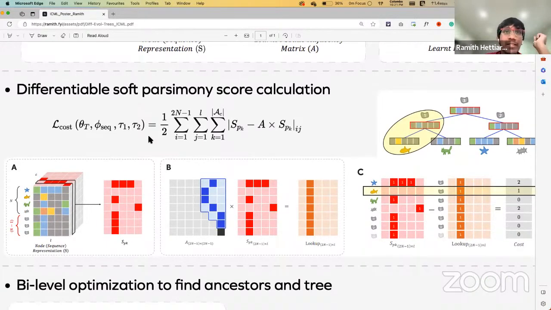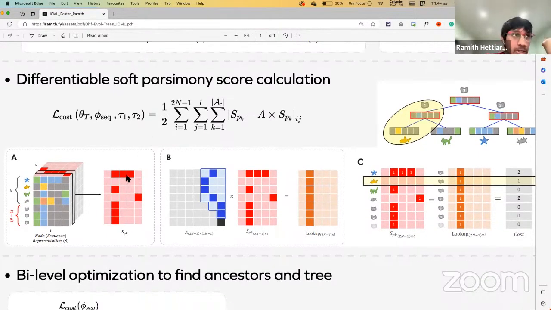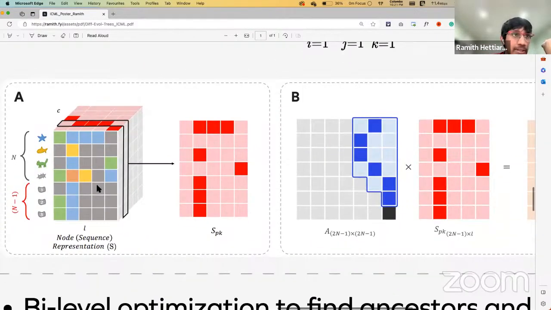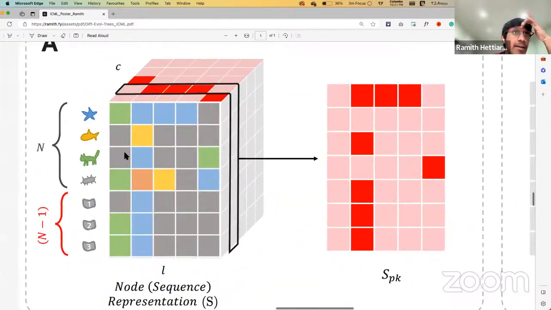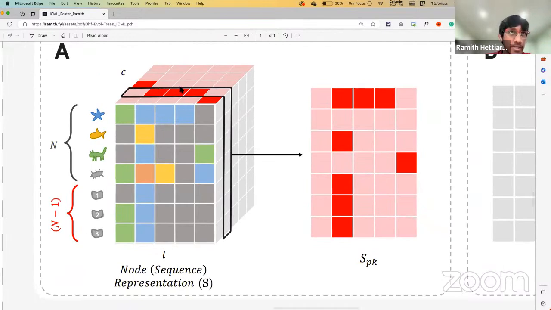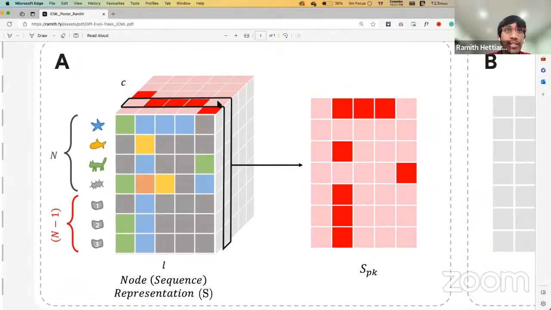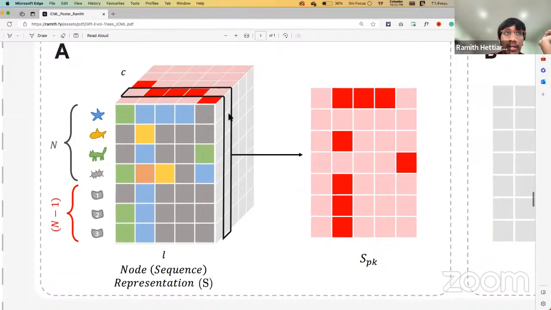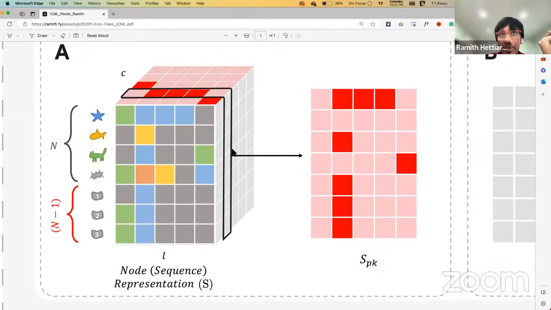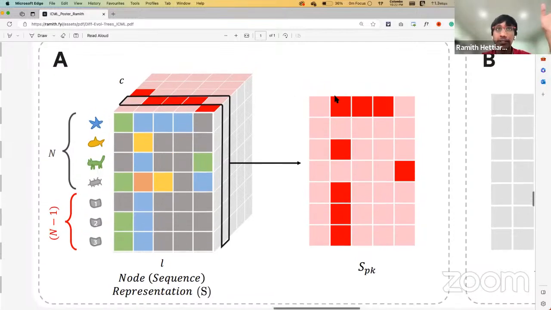What I mean by that is, in some intuitive sense, since we have this soft sequence representation, we can just slice each character dimension. If we slice this dimension, what it essentially represents is the probability that each of these positions can be the amino acid this particular leaf requires.